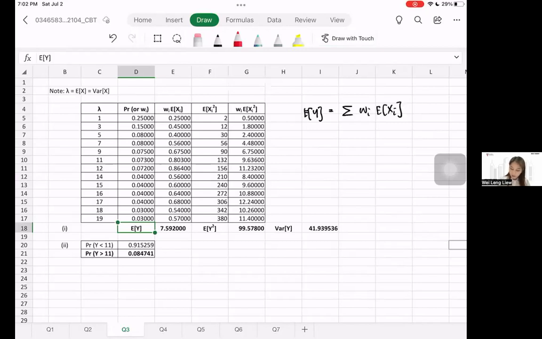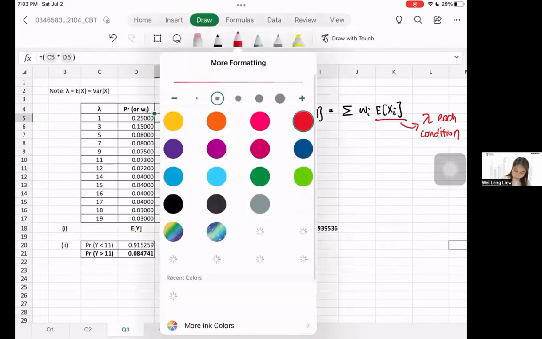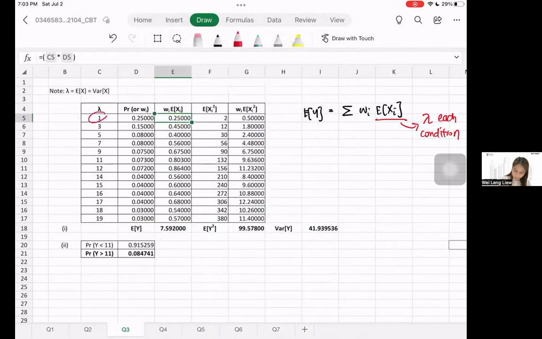So this is your specific lambda for each condition. In order to calculate the weighted average of your EY, that is the overall mean for your whole distribution, you will have to multiply this value with this value, which you will get 0.25.